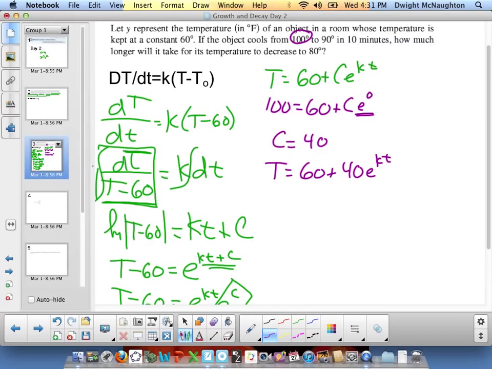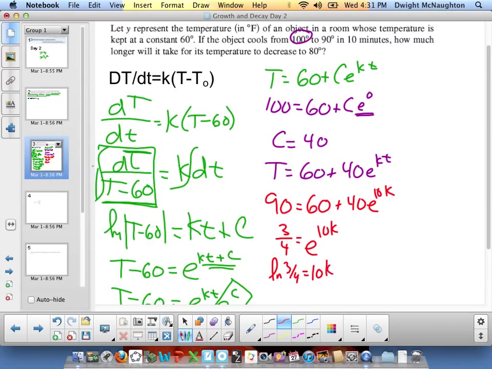After 10 minutes, the temperature is 90 degrees. We will plug those values in. 90 equals 60 plus 40e to the 10k. Subtract 60, divide by 40, we get 3/4 equals e to the 10k. Natural log of 3/4 equals 10k.